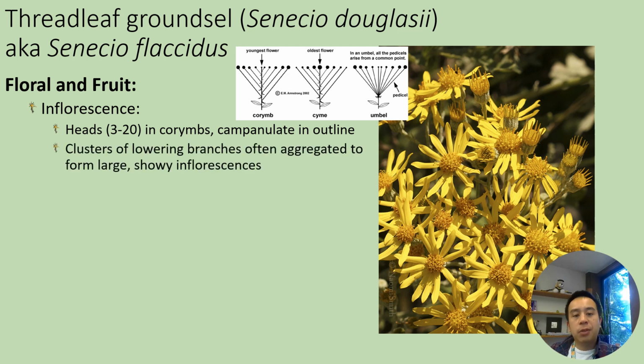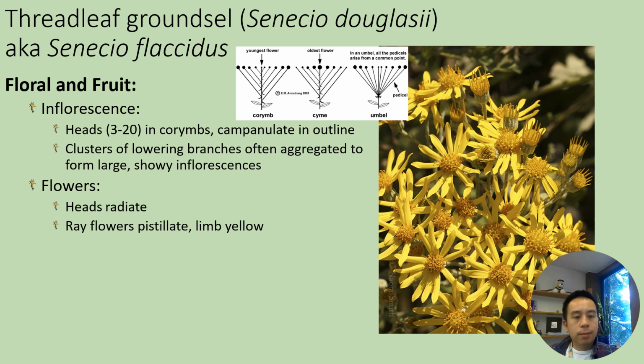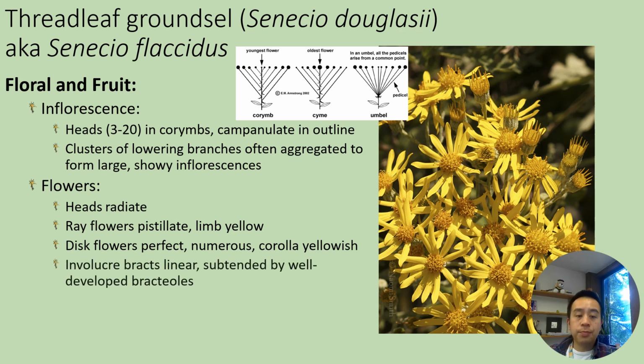The clusters of flowering branches are often aggregated to form large, showy inflorescences, kind of like you see in the image above me. And the flowers themselves have heads that radiate, and ray flowers that are pistillate, and the limbs themselves are yellow. The disc flowers are perfect and numerous, and the corollas are yellowish.